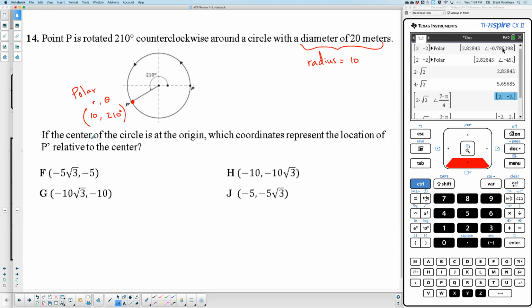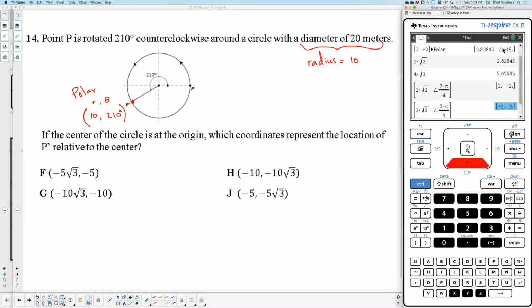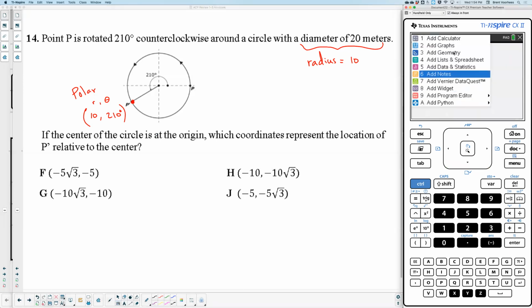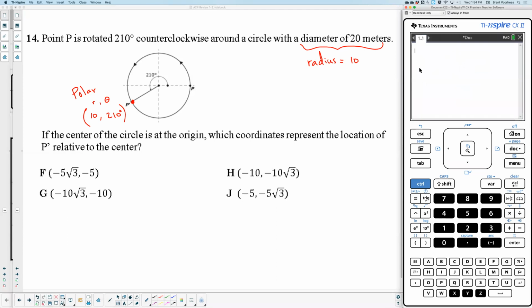Now, if I want to type this in the calculator, I can't use a parenthesis. What do I use instead of a parenthesis? Let me clear all this out. I use a bracket. How do I get that bracket? Control left parenthesis.